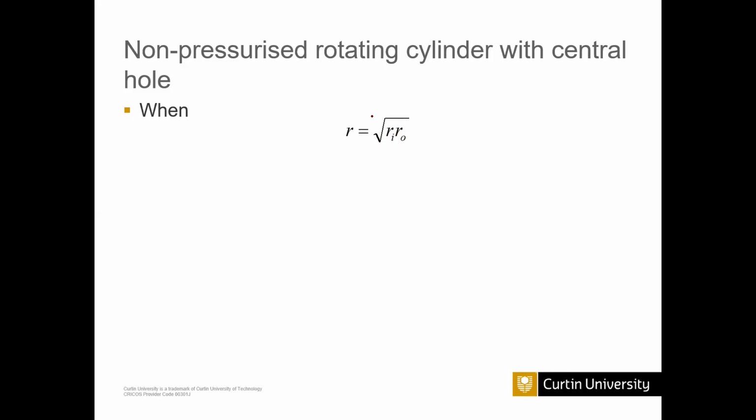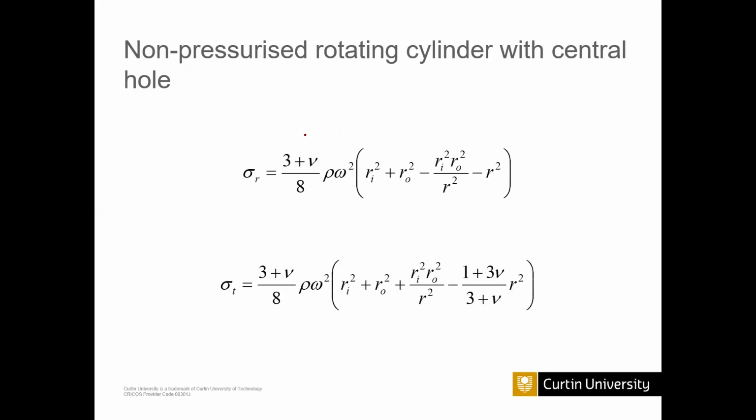Then for the maximum radial stress, we can assume this equation, where this one will be R and this will be cut off.